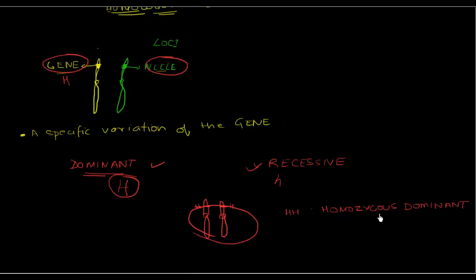The reason why this is known as homozygous is that we have the same dominant gene present on both the homologous chromosomes. So it's homozygous dominant.